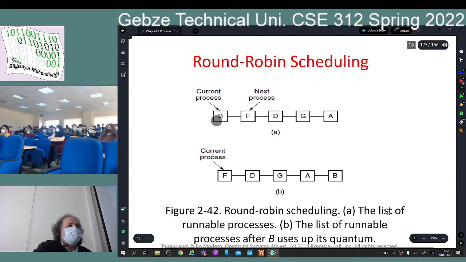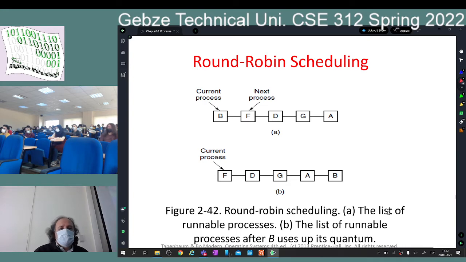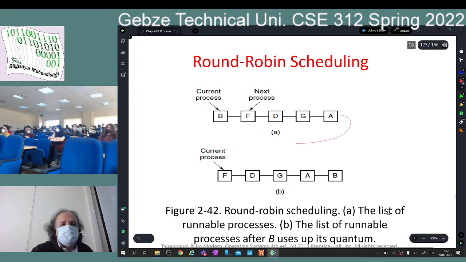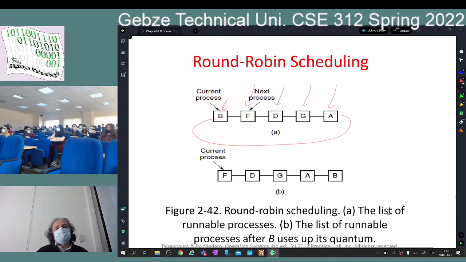It needs some user input, etc. When it is blocked, or when it is, for example, preempted, it will be put at the end of the queue. And now F takes the CPU, and it's kind of a circular list. So you run this, then this, then this, then this, then this, and start from the beginning again.